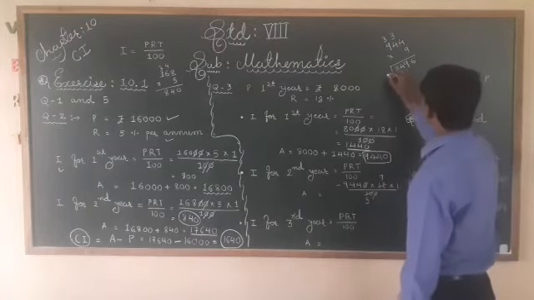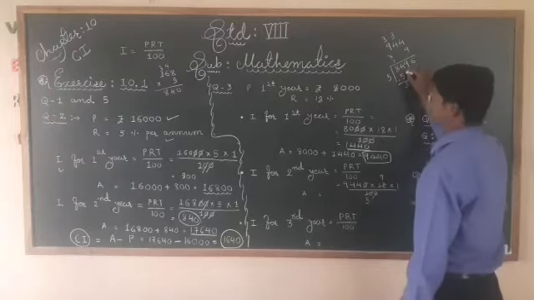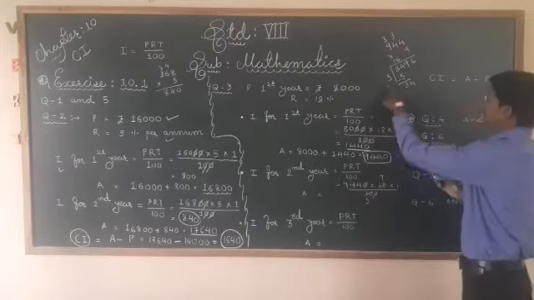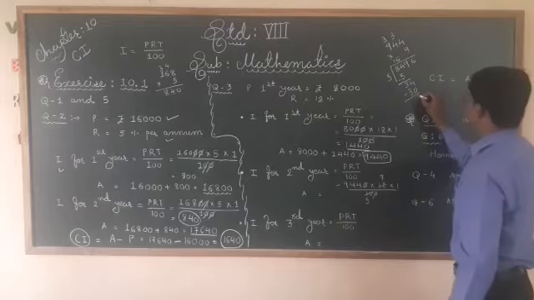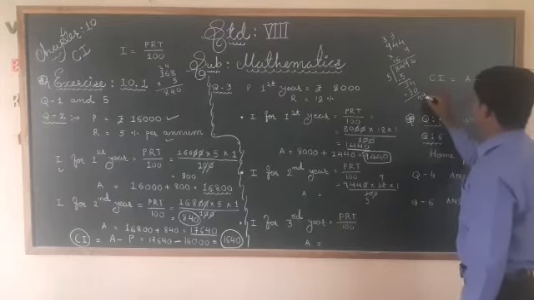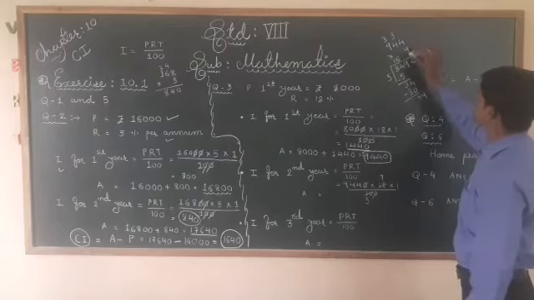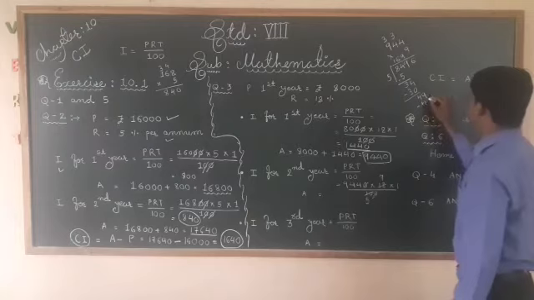Divide by 5. So 5 ones are 5. 3 remain, then 4 will come down, 5 sixes are 30, minus 4, 9 will come down, and 9 fives are 45, 4.